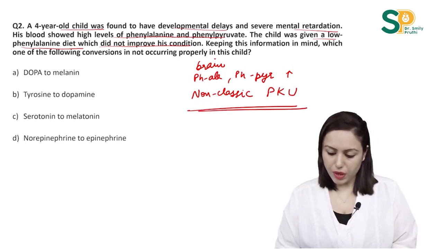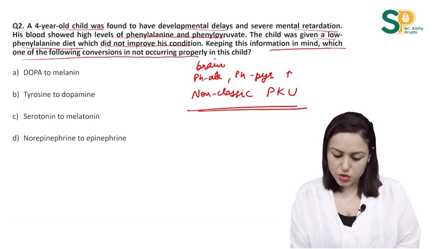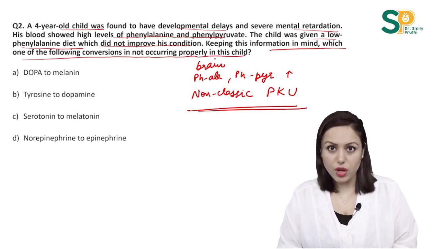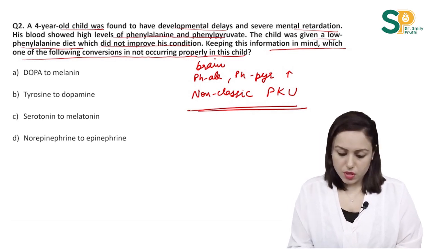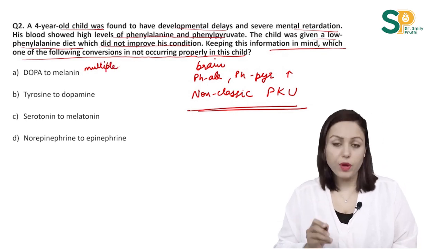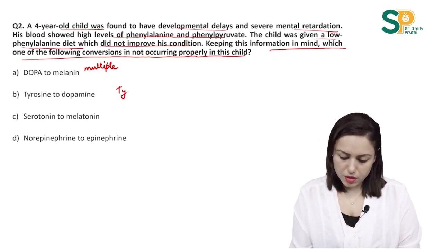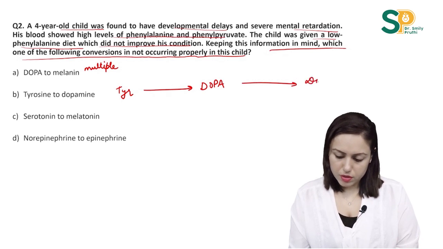Keeping this information in mind, which one of the following conversions is not occurring properly in this child? Let's see the options. Dopa to melanin. There are multiple steps and reactions involved in conversion of dopa to melanin. Then tyrosine to dopamine. Here, first tyrosine gets converted to dopa, then dopa gets converted to dopamine.